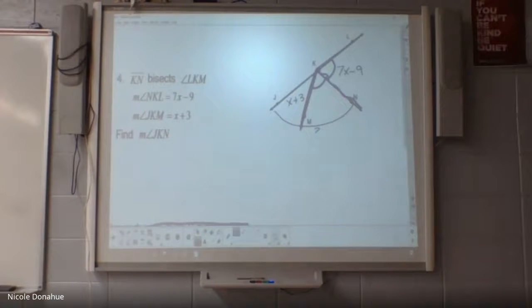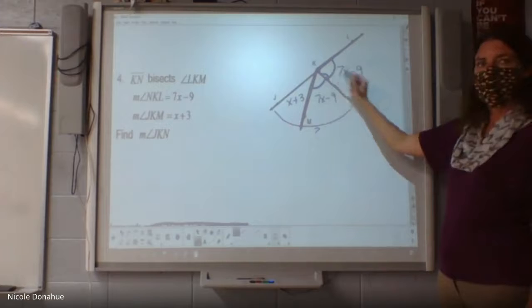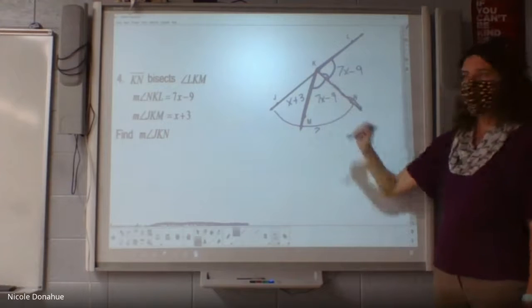What do you guys want to do? Can we use Lena's strategy again? That if they're bisected, do I know something else now? Yeah. So again, if they're bisected, this is also 7x minus 9. Does that make sense? Bisected means they're equal, so those are both 7x minus 9.